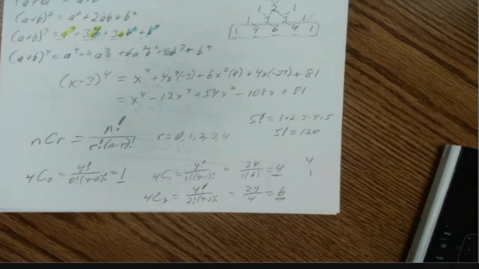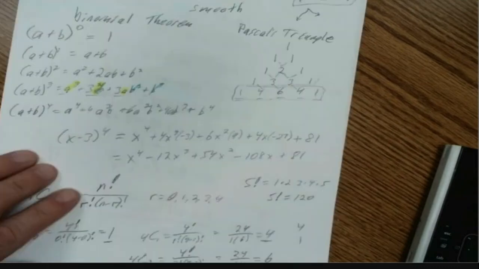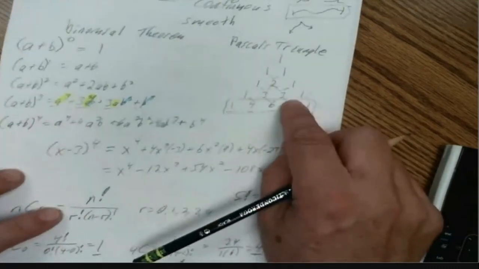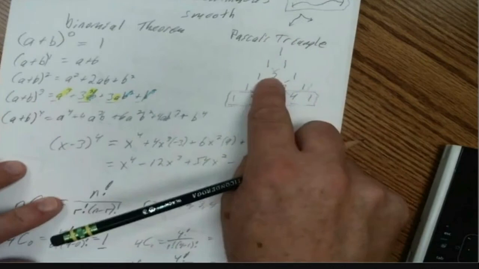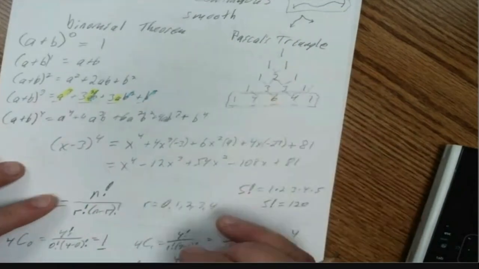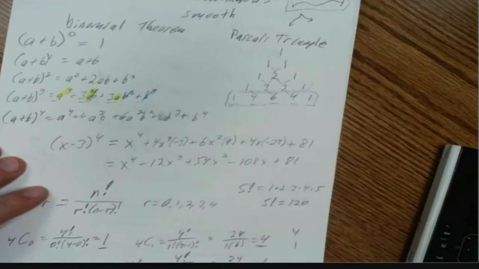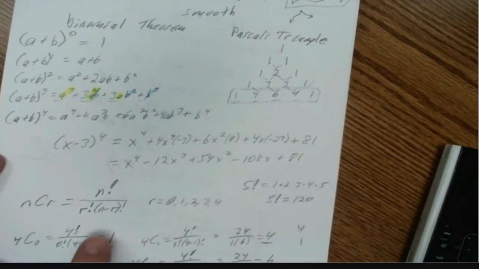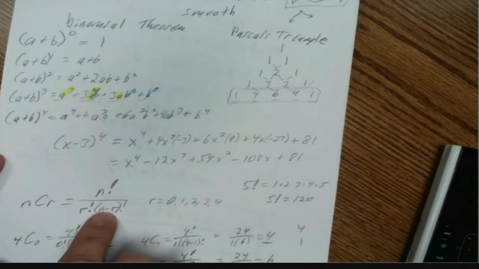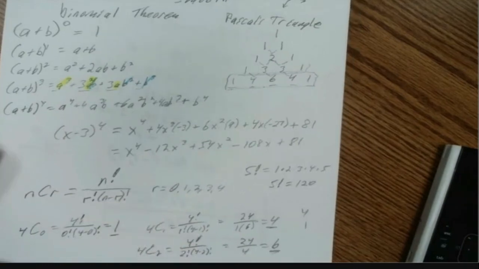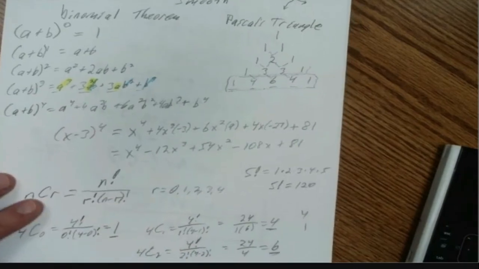So Pascal's triangle is very useful. The binomial theorem helps us jump if we're not in one of the first few rows that are easy to calculate or memorize. If we got to the 15th power, we could jump down and use the binomial theorem to figure out all of the coefficients, of which there would be 16, right?